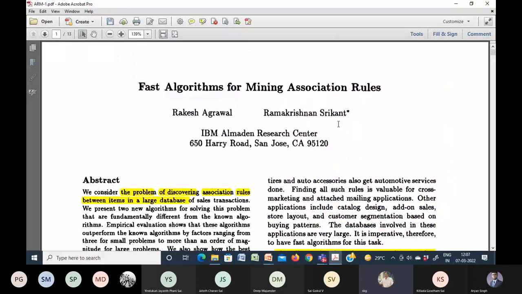If you recollect last class, when we were discussing association rule mining, whatever we are doing with these databases are all operational or transactional databases.